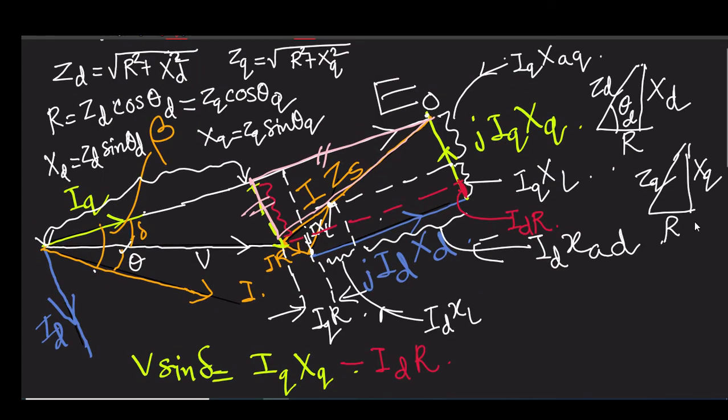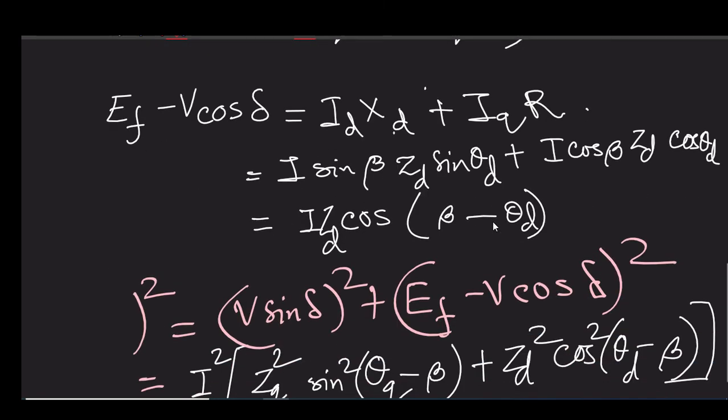Let us investigate. Obviously theta d and theta q cannot vary, because xd, xq and r are constant. So by construction of these two triangles, theta d and theta q are also constant.